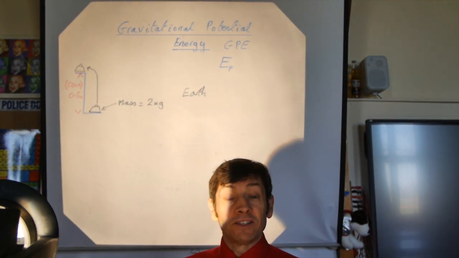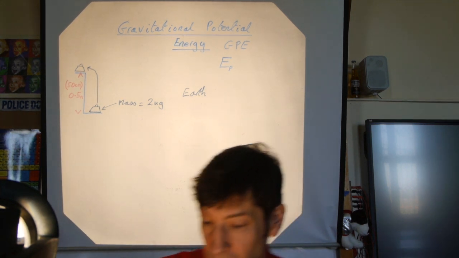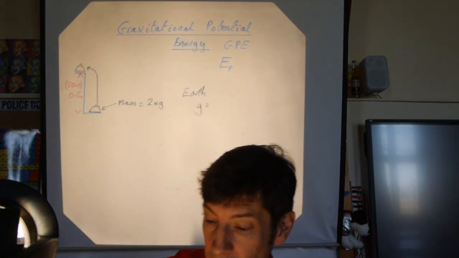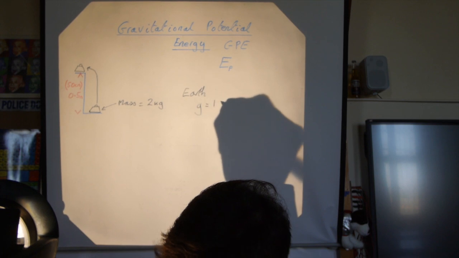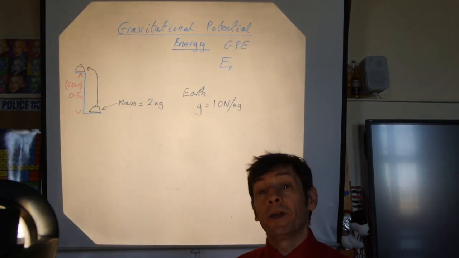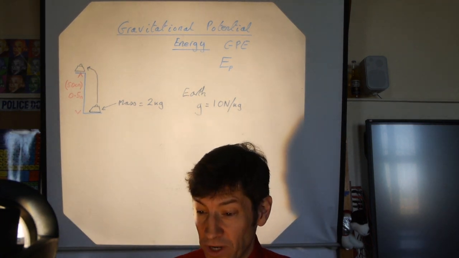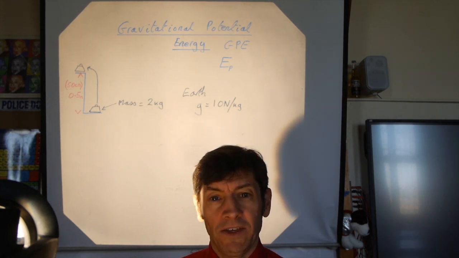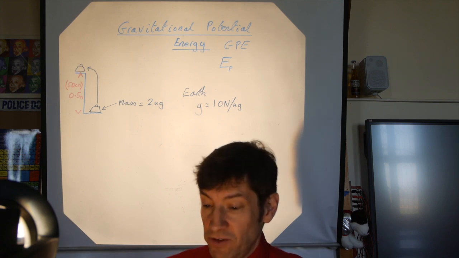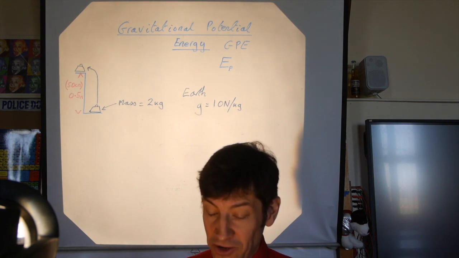We know the strength of gravity on Earth, the gravitational field strength. On Earth, g, the gravitational field strength, is approximately 10 newtons per kilogram. It's 9.81, and check when you do your GCSE what number you have to use. When I taught in Scotland, they were really particular that you used 9.81 and not 10. But for heaven's sake, if you use 10, you're showing that you understand the physics, and it allows you to estimate in your head very quickly.